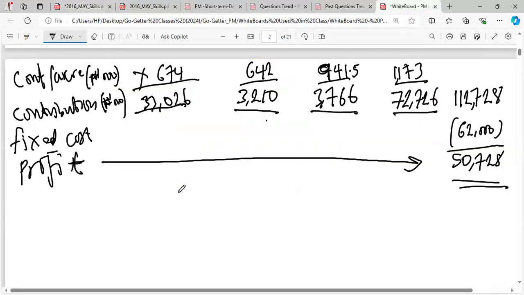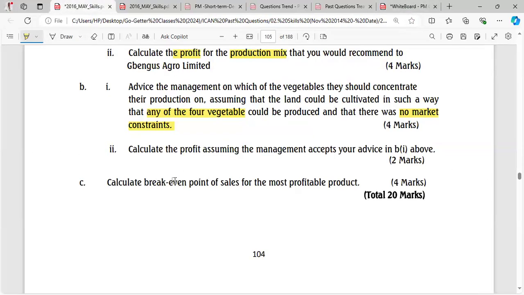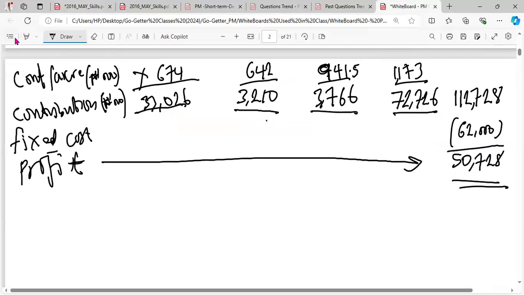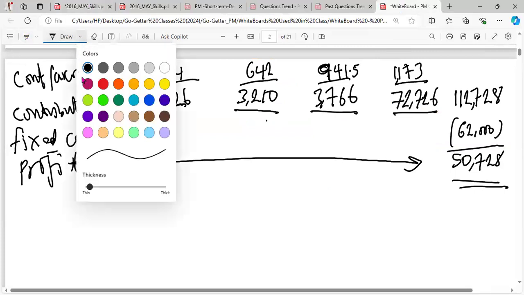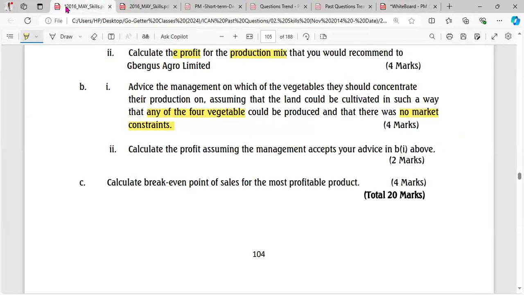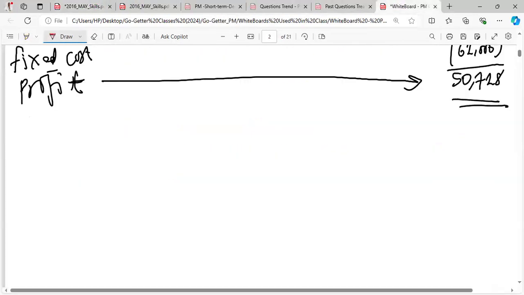So we'll go back again. So we're asked to advise which vegetable to adopt. So let's go and do our question B. That's B1. So this is B1.